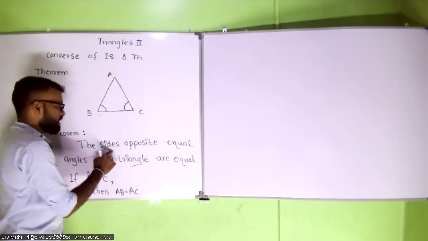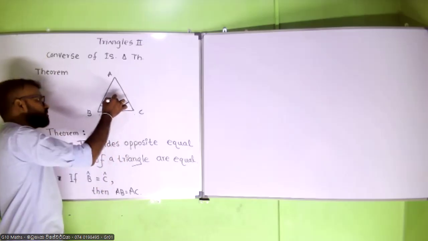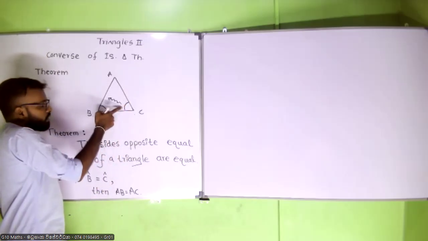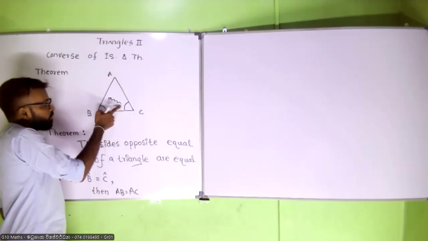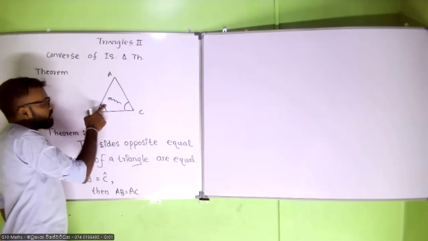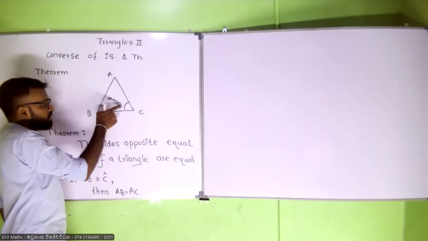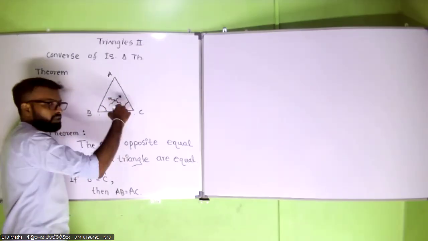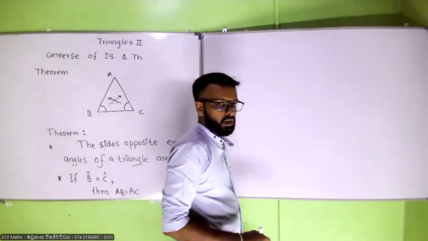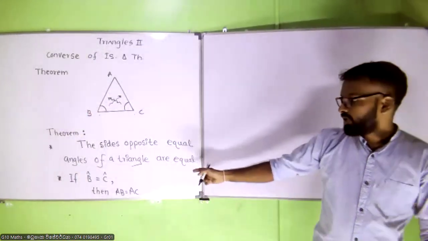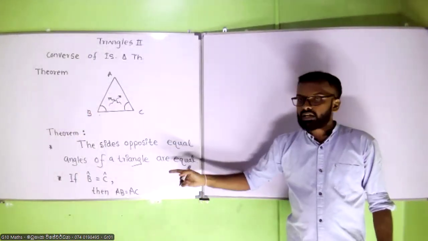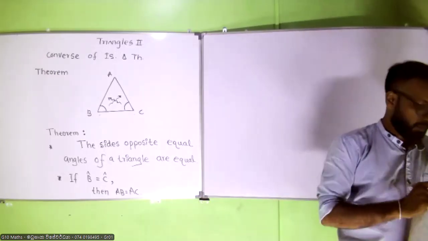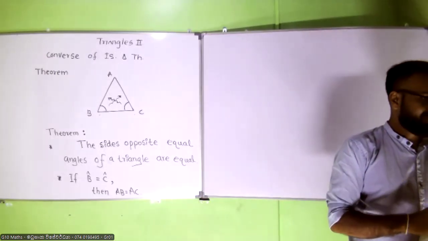The sides opposite equal angles. This angle's opposite side is AB. This angle's opposite side is AC. Equal angles, then AB equals AC. And the same thing the other way. Okay. Please write this and let me know.